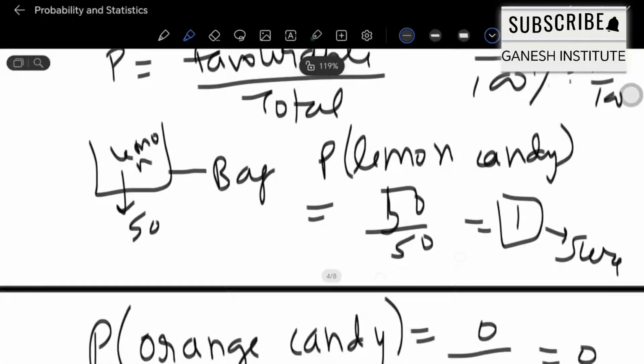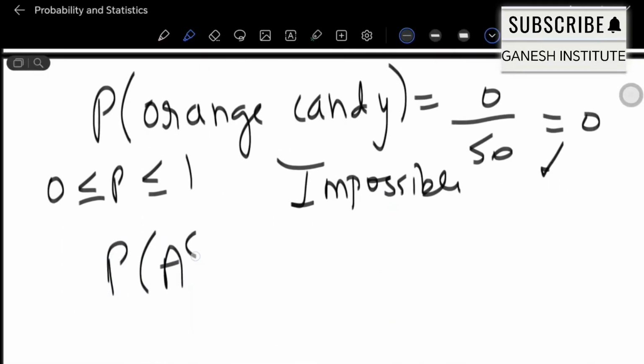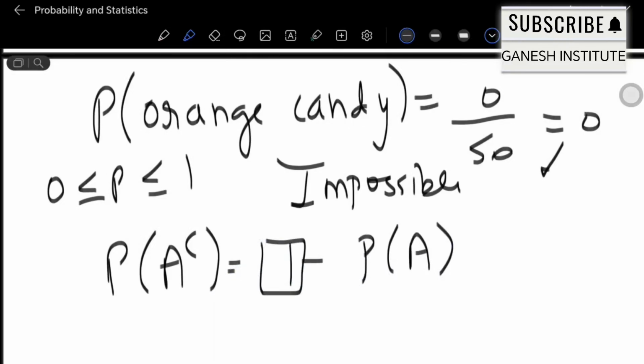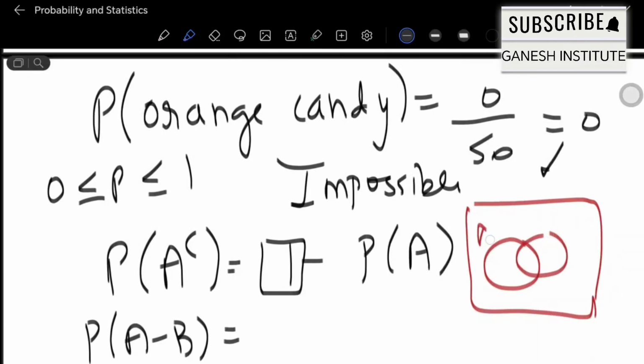So I was at this point that if you have to find a complement, that has to be 1 minus P(A), because 1 is the total net probability, the sum of all the probabilities, and if you take away A from it, it will be the complement. Similarly, it goes with P(B) as well. Now, if you have to find P(A minus B), what would you do? Let's say I have this Venn diagram again.